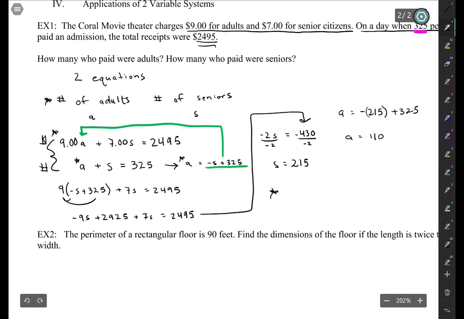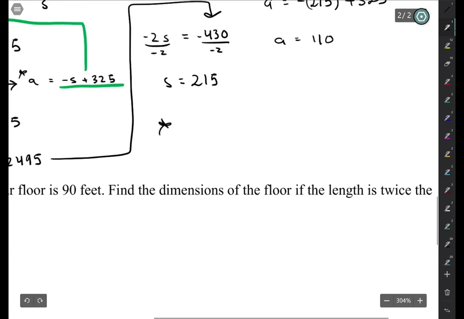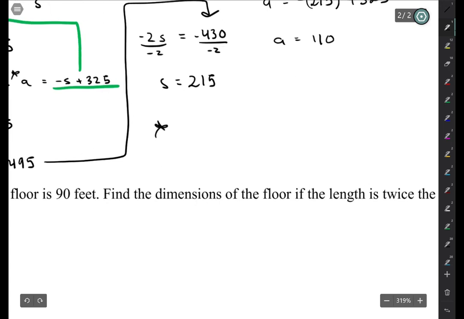Word problems, please be specific and include units. So what this means is the number of adults is or was 110, and the number of seniors was 215.